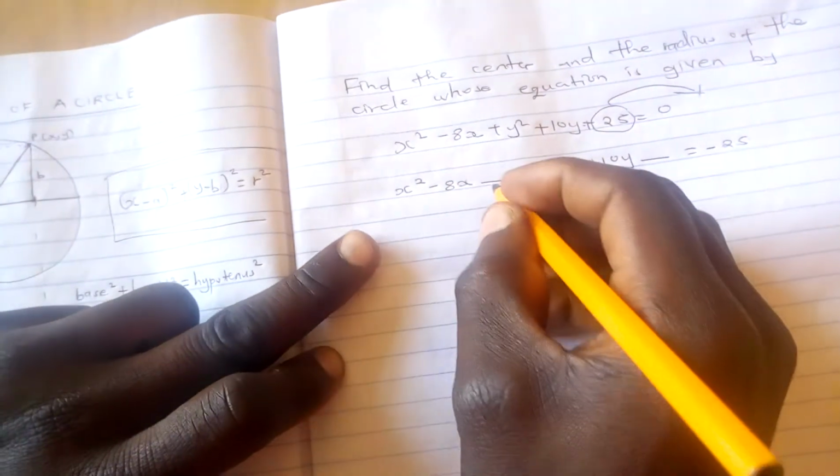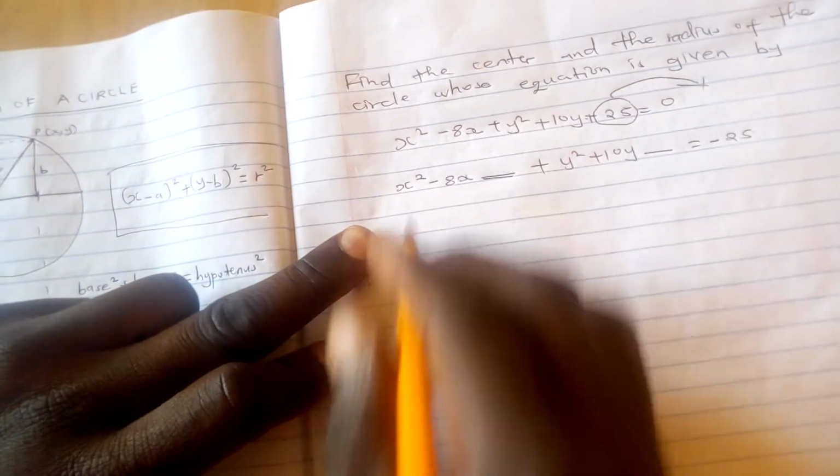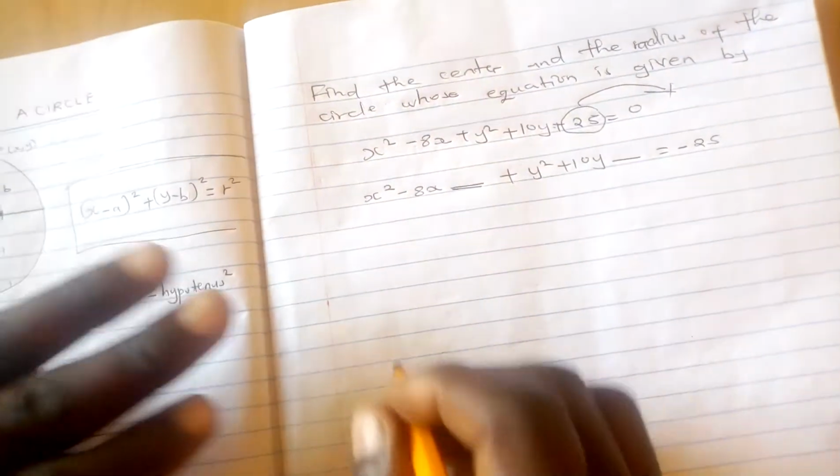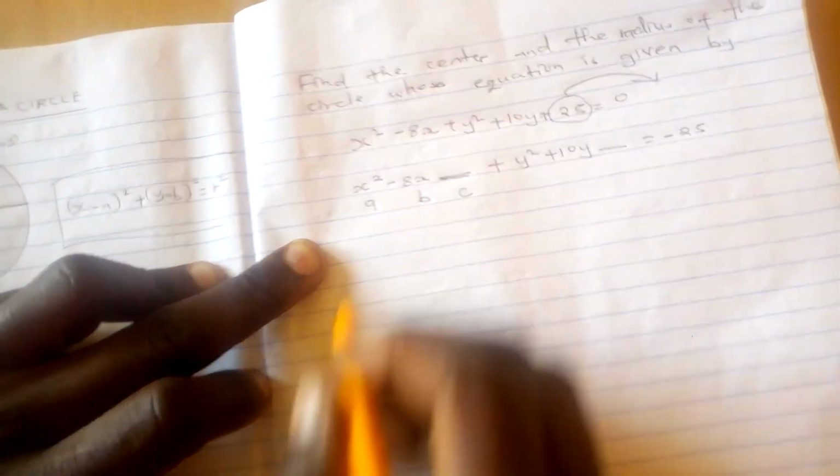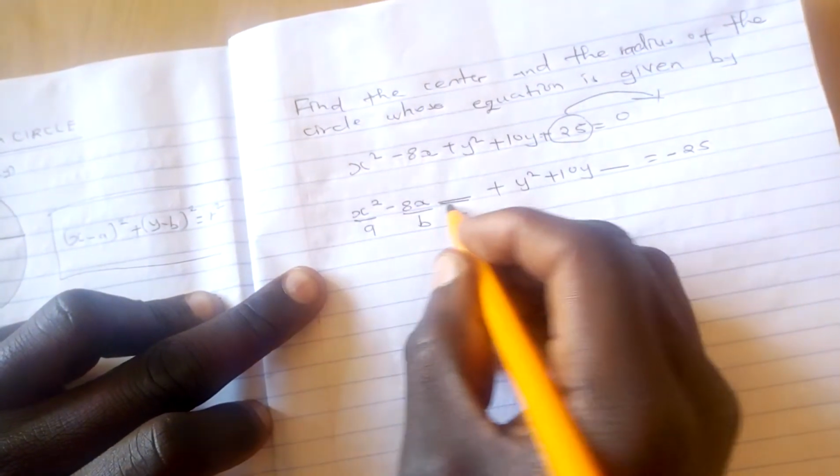Now, an equation has three parts: the a part, the b part, and the c part.